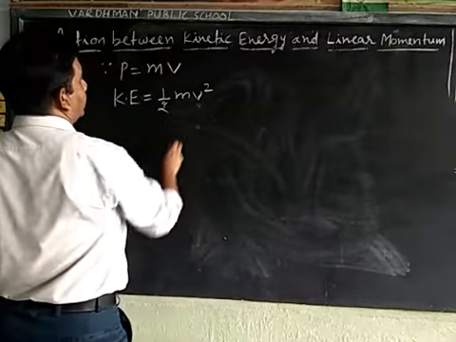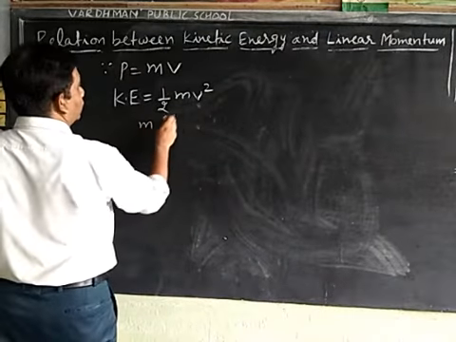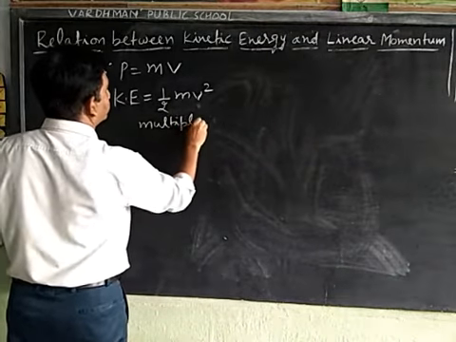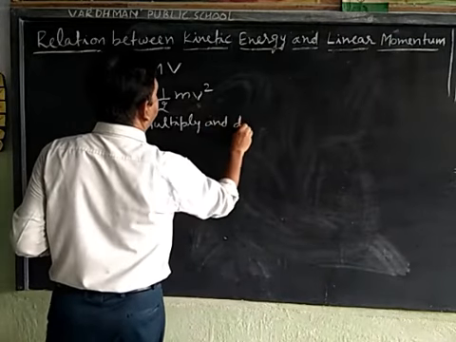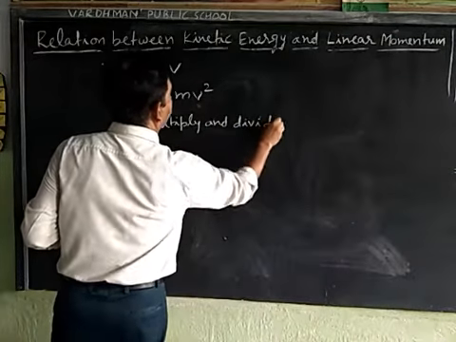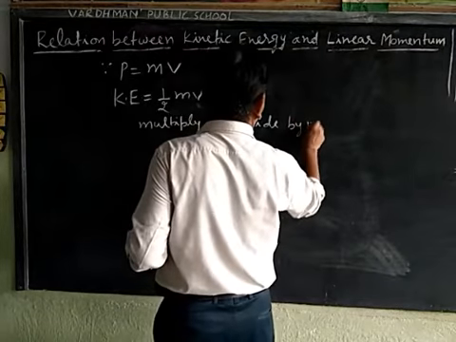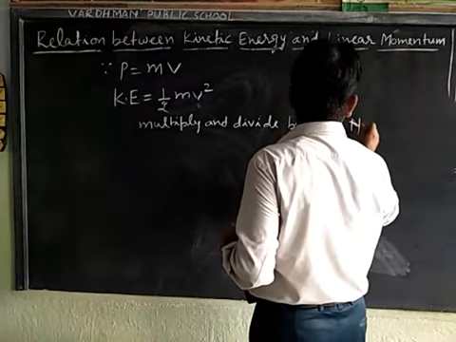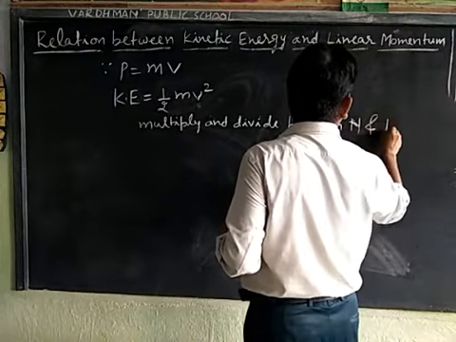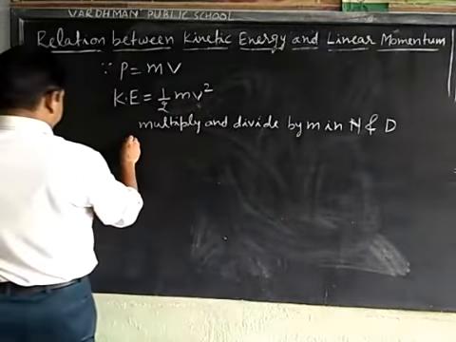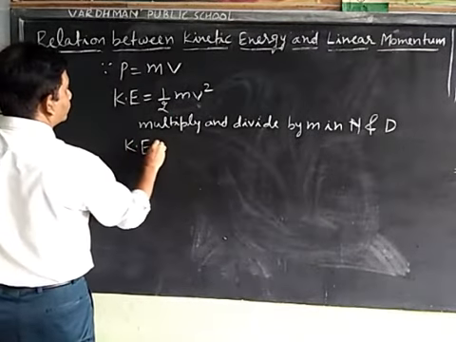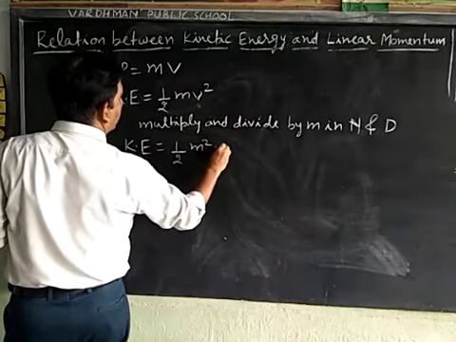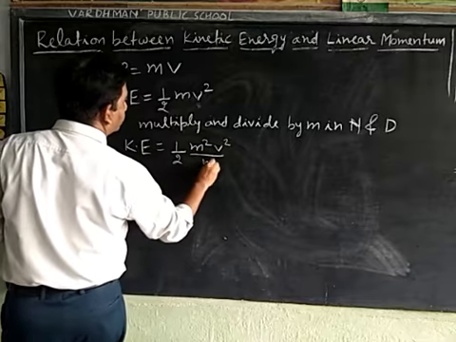Now multiply and divide by m in numerator and denominator. Then kinetic energy is equal to half m square v square upon m.